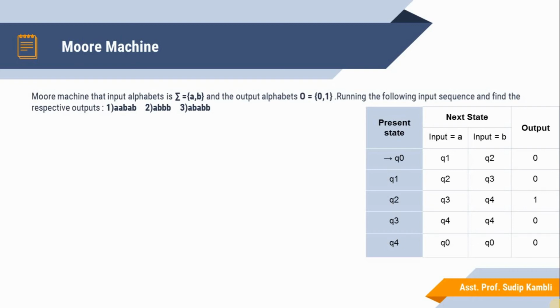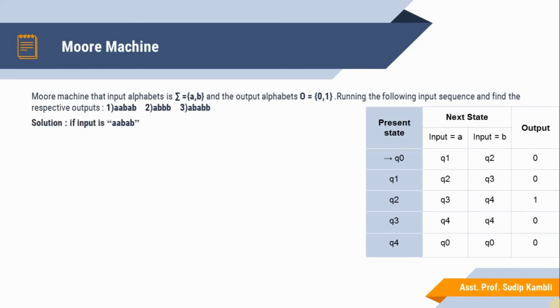For the Moore machine, the input alphabet sigma is equal to A and B, and the output alphabet delta is equal to 0 and 1. Run the following input strings and find the respective outputs. Consider 3 examples: the first is A, A, B, A, B, the second is A, B, B, B, and the third is A, B, A, B, B.